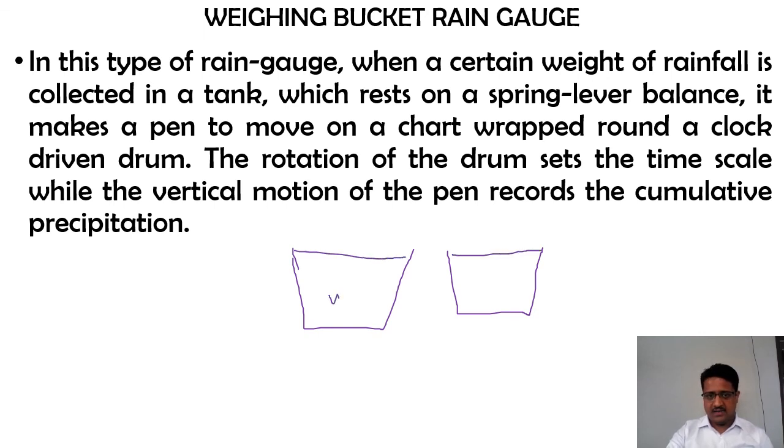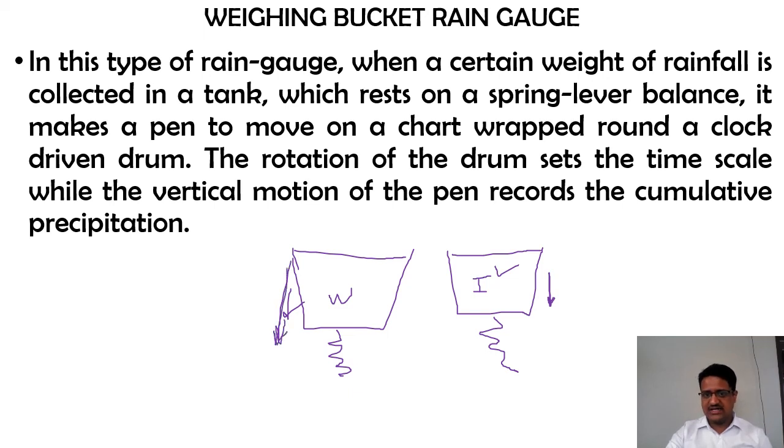The one in which water is present will weigh more than the one in which ice or snowfall is present, because ice has a lesser density. So the total weight applied to the spring will differ: ice will put less load, whereas water will put more load. I hope you can understand this point.